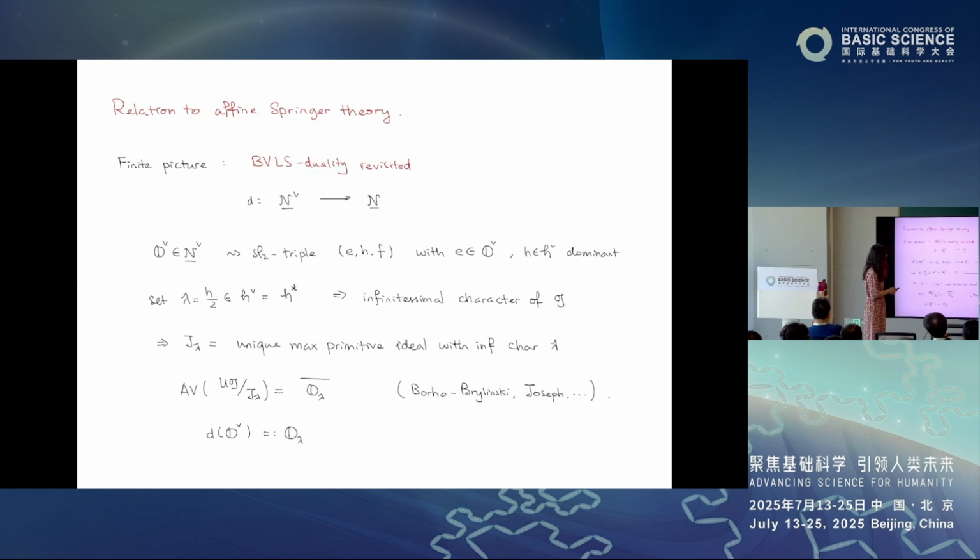Then I take lambda to be half of this semisimple element, and since it's an element in the dual Cartan of the Langlands dual, it naturally identifies with the dual space of the Cartan of the initial G. So this is a weight for G, and it gives you an infinitesimal central character for G.